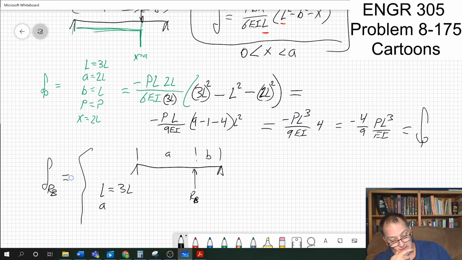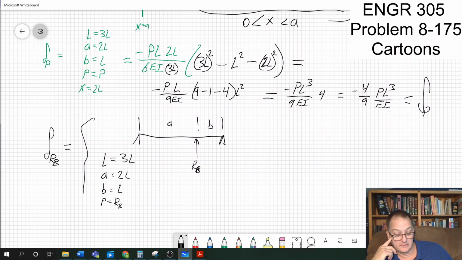A is still 2L. And B is still L. And P is equal to RB. Oh, something about this. I got to think about this a little bit. And X is equal to 2L?